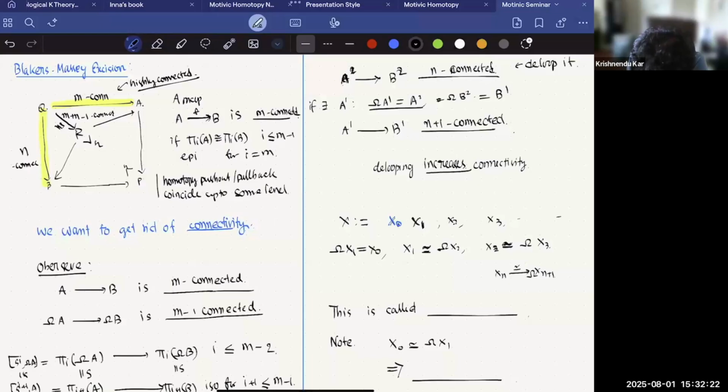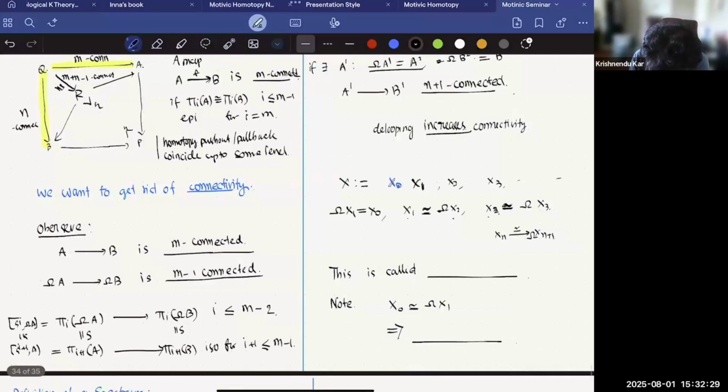Loop space of X2 is X1. Loop space of X3 is X2. And this is exactly what we want. Now, if I use these infinite deloops, if I use spaces like that in our Blakers-Massey excision, we are happy now. I can use this as a pushout and pullback square. And this is exactly what is called an omega spectrum.